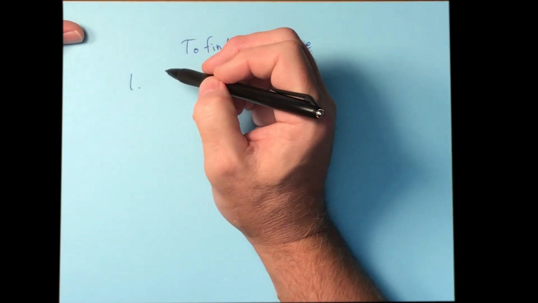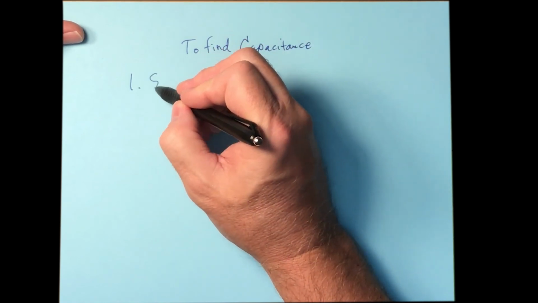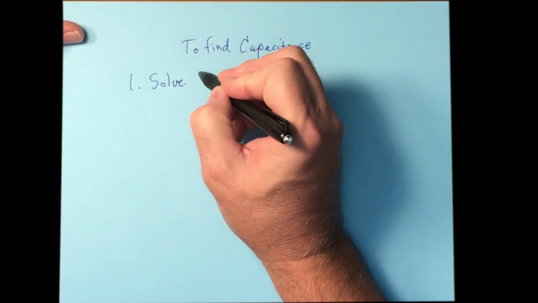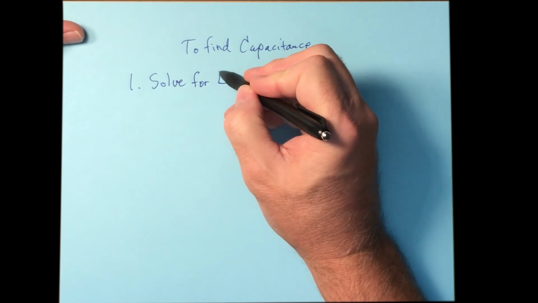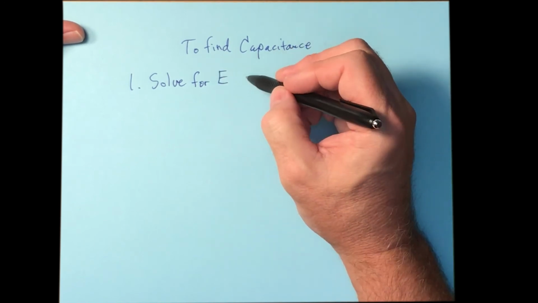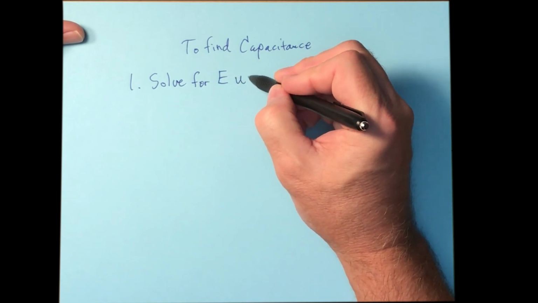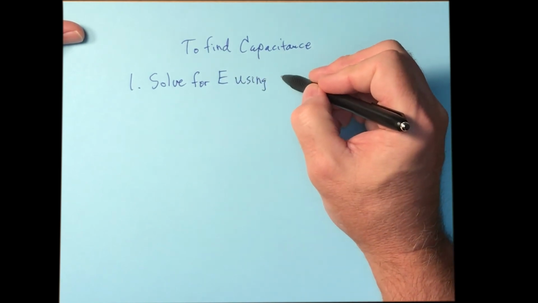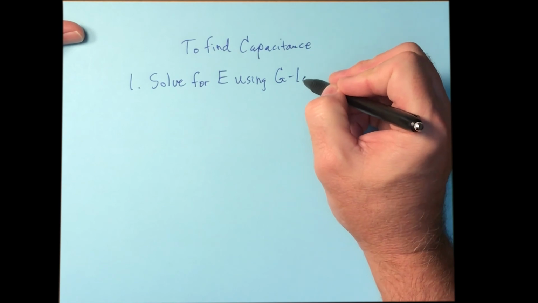So step 1, you need to solve for E, the electric field. You need an equation that describes the electric field. Oftentimes, to do that, you need to use Gauss's law.